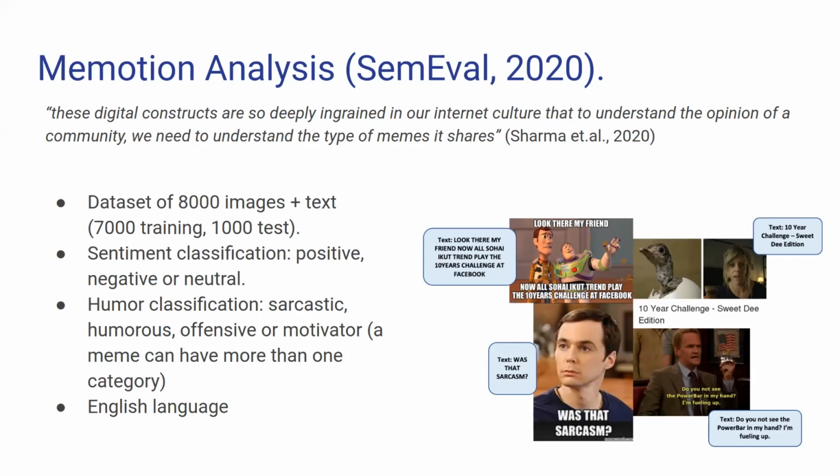One is the sentiment classification, which has three categories: positive, negative, or neutral, and the humor classification, which has these categories: sarcastic, humorous, offensive, or motivator. And the second one is more challenging because one meme can have more than one category.